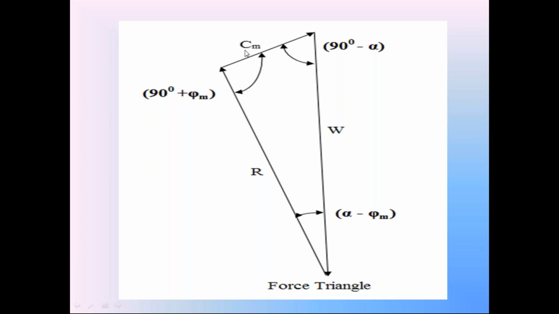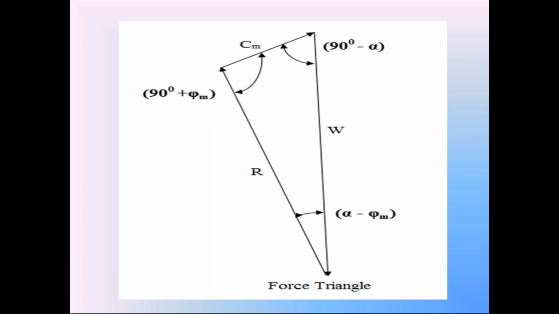So Cm divided by sine alpha minus phi m is equal to W, the second force. With this W, the opposite angle is 90 plus phi m. So W divided by sine 90 plus phi m is equal to R divided by sine 90 minus alpha.